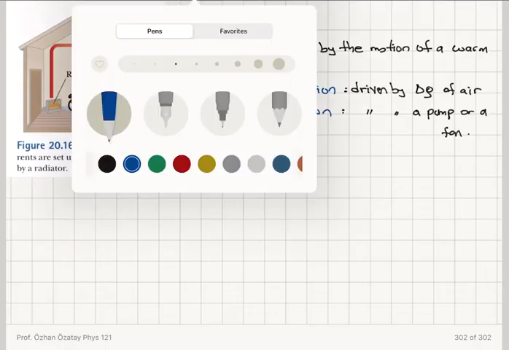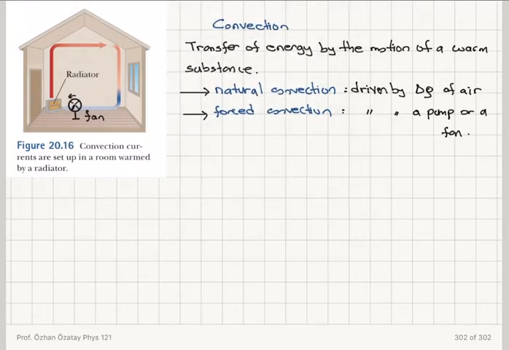There is the third type of energy transfer. It's by radiation. And what is the driving force for this? Well, all objects at a finite temperature will radiate energy in the form of electromagnetic waves, and that's due to the thermal vibrations of the molecules.